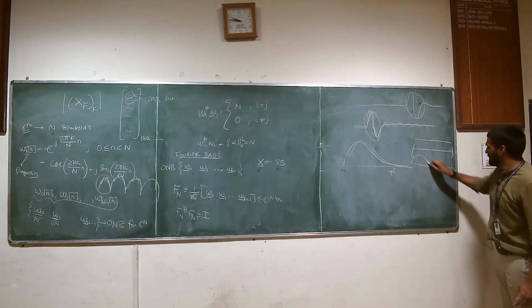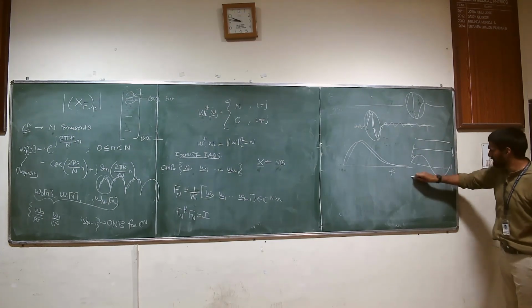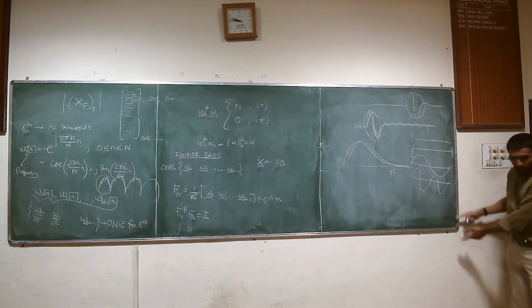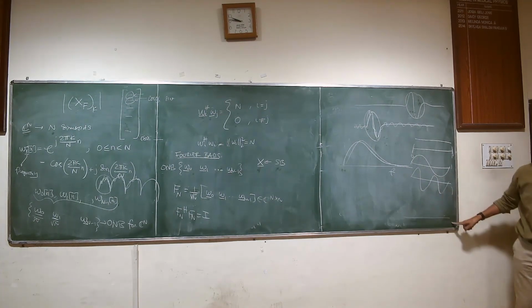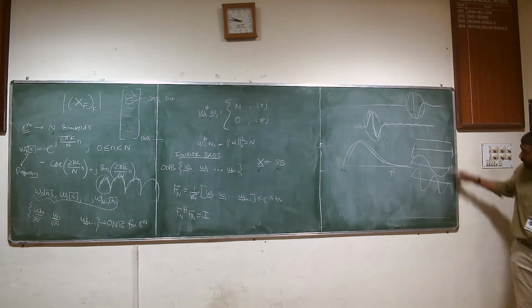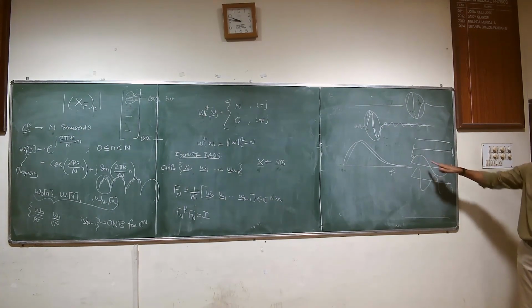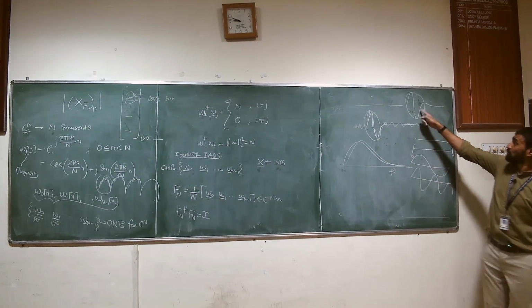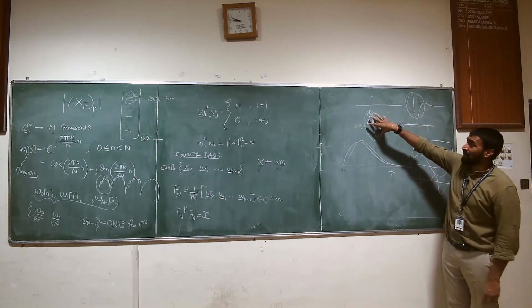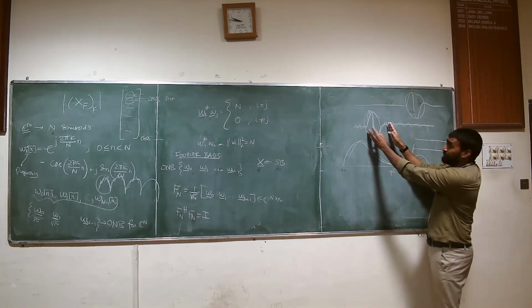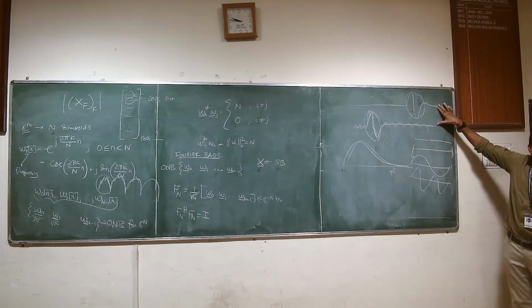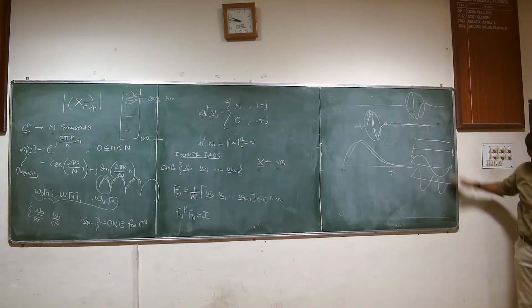W1 would be something like this. W2 would be something like this, and so on till WN. Now, all of these signals have some value for all time, whereas the signal we're analyzing has some value for a short duration of time and is zero everywhere else. That means the signal that you're trying to analyze does not look like any of these.